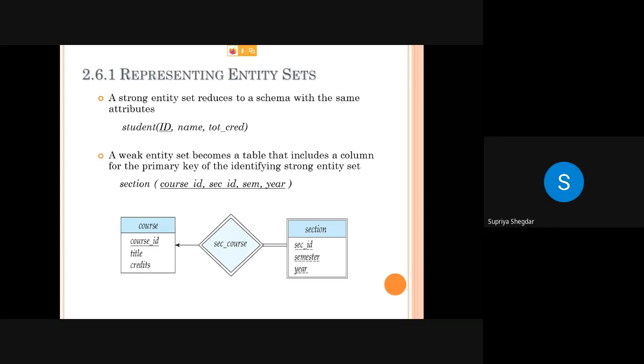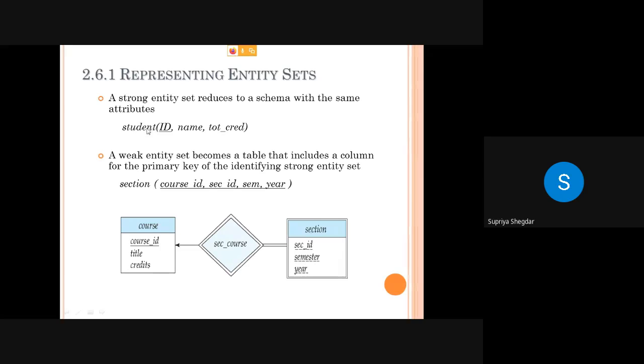Then the first point is how to represent the entity set in the relational schema. So if the strong entity set is there, then the strong entity set reduces to a schema with the same attributes. Means if the strong entity set is there that has the primary key, then directly we can reduce it to the schema, that is, the name of the entity set as the name of the table.